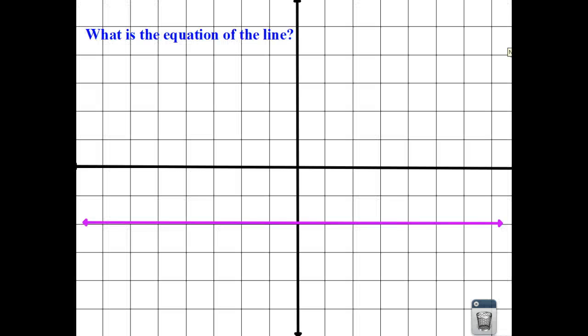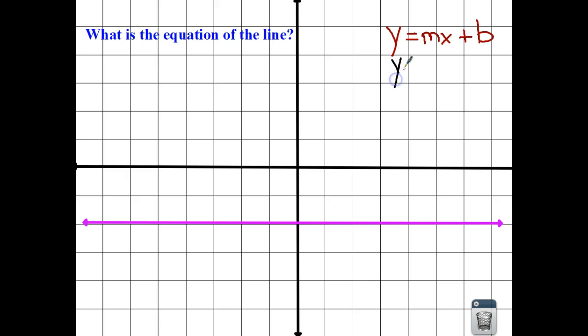All right, here's another straight line. It looks to be horizontal. Horizontal line, if you recall, means that we don't have a slope. So if I were to put it into form, y equals mx plus b, we see that my m is 0.